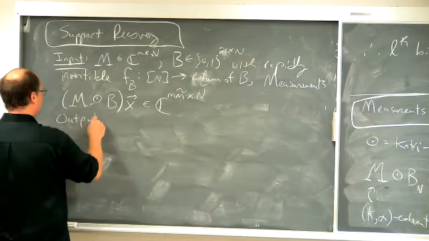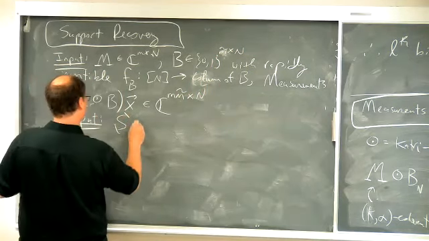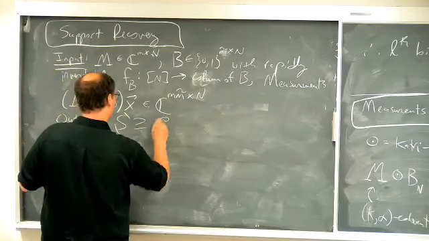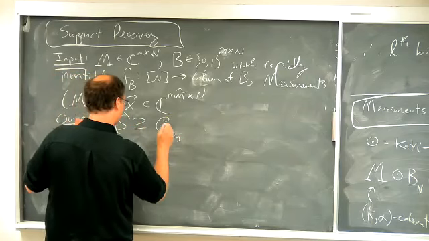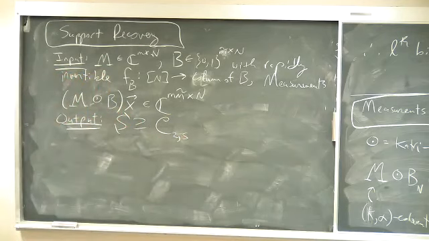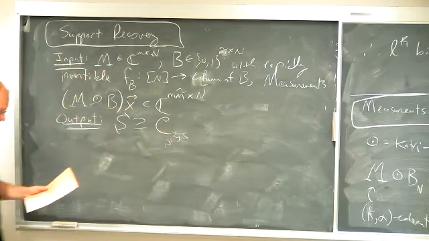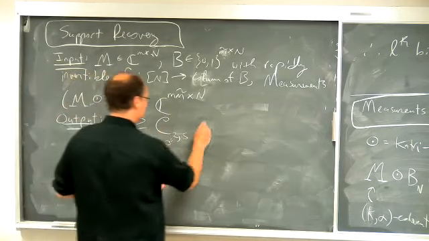Our output is going to be a set S that contains, I'll show you what we can guarantee, beta equal to 2, let's say, C beta S, where beta is equal to 2, these heavy elements.